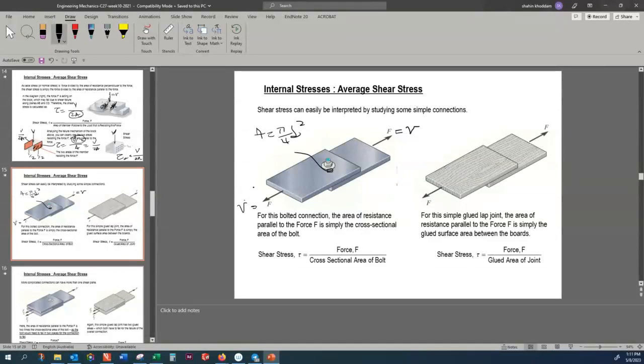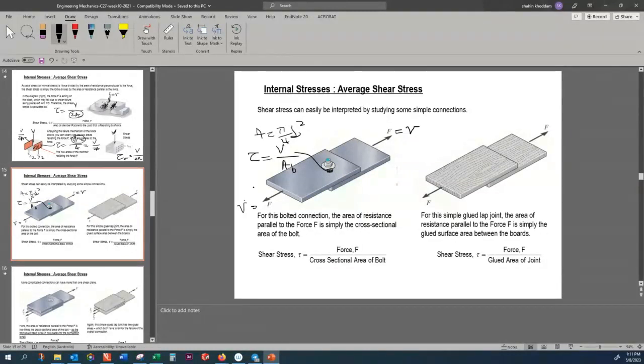So the cross-sectional area of the bolt is the only part of the structure that would resist against the shear force. So here, if I want to find the shearing stress, my shearing stress would be V divided by the area of the bolt, and that is a cross-sectional area.